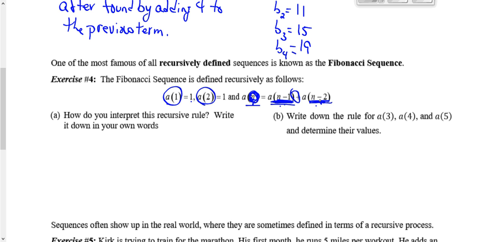So A of 5 would be the 5th term in the sequence. If you're talking about the fifth term, then A of n minus 1 is the fourth term, and A of n minus 2 is the third term. So you get the fifth term by adding the third and fourth terms. That's all.